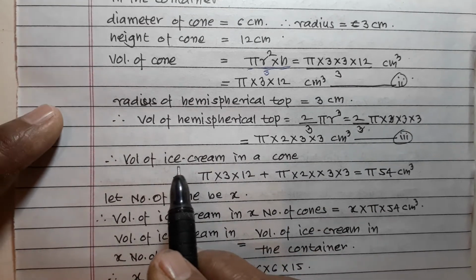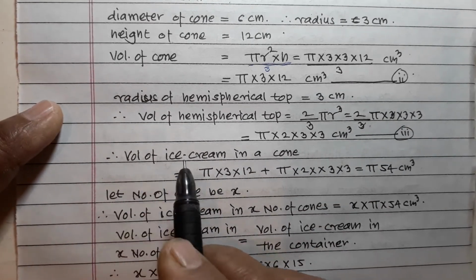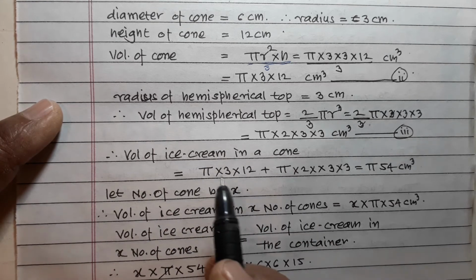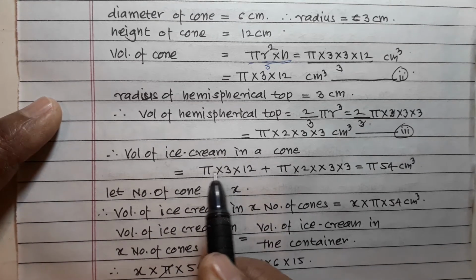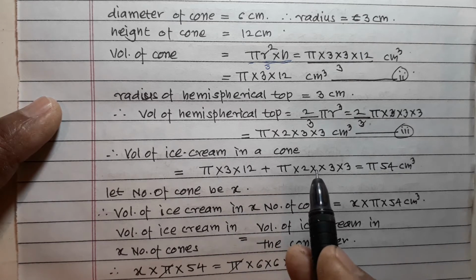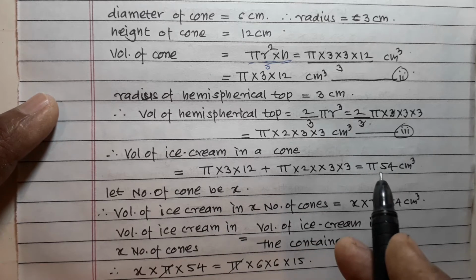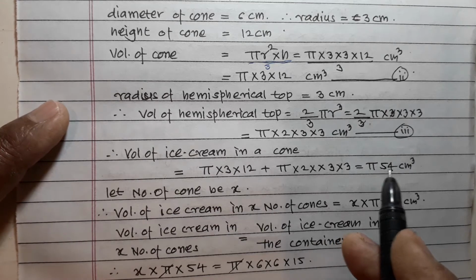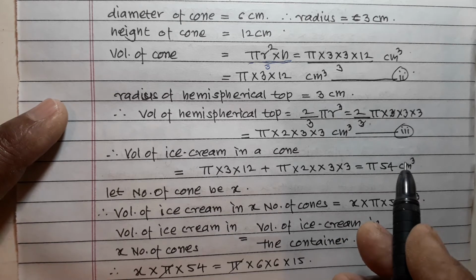So now volume of ice cream in a cone is equal to pi into 3 into 12 plus pi into 2 into 3 into 3, that is equal to pi into 54 cm cube.